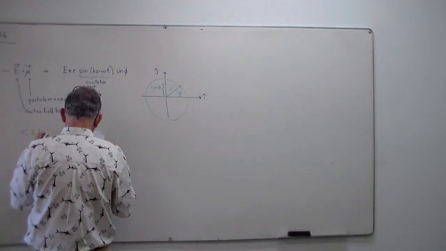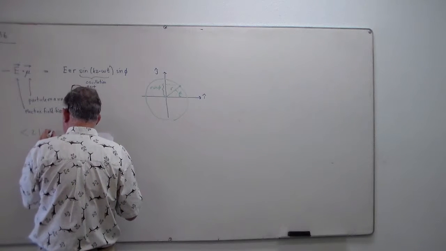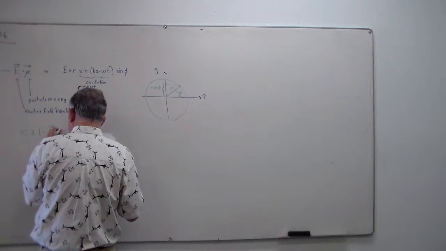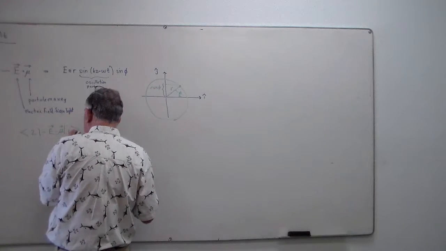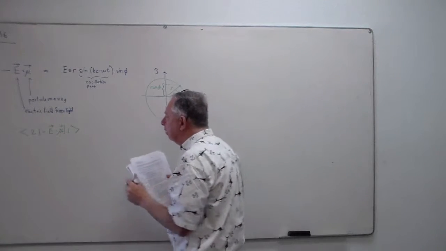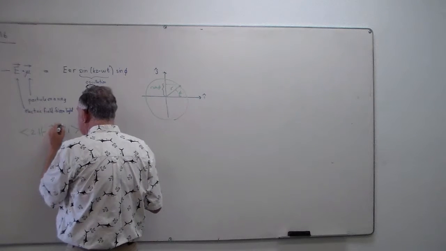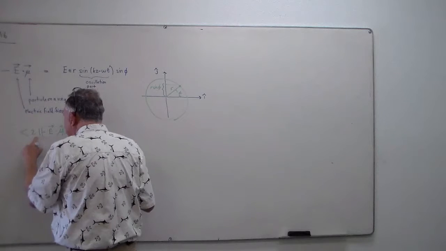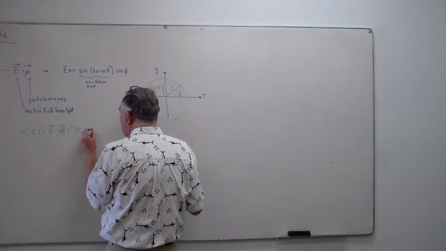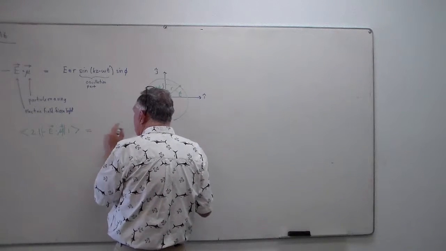In the Dirac notation, this is our transition moment integral, minus E dot mu, from quantum state 1 of particle in a ring to quantum state 2 of particle in a ring.